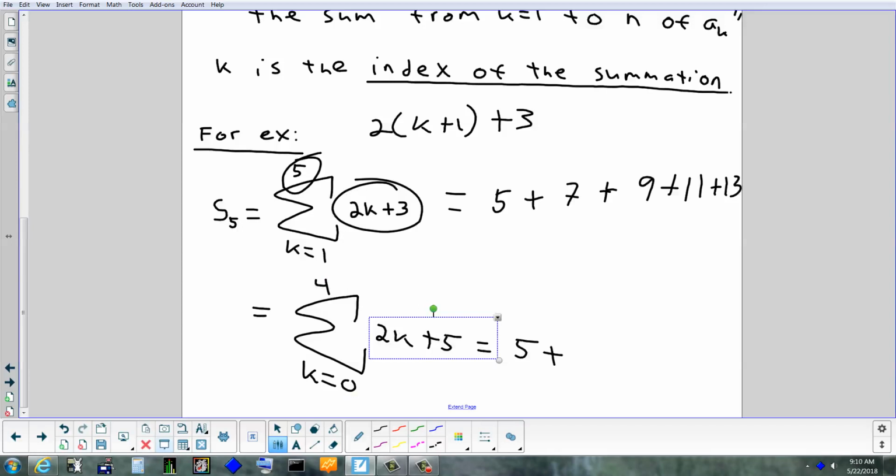So now plugging in 0 gave me my first term. Plugging in 1 should give me my second term. 2 times 1 is 2. 2 plus 5 is 7. Okay, any questions on that? Or not how I got the 2k plus 5, but just the fact that it's going to give me the same result.